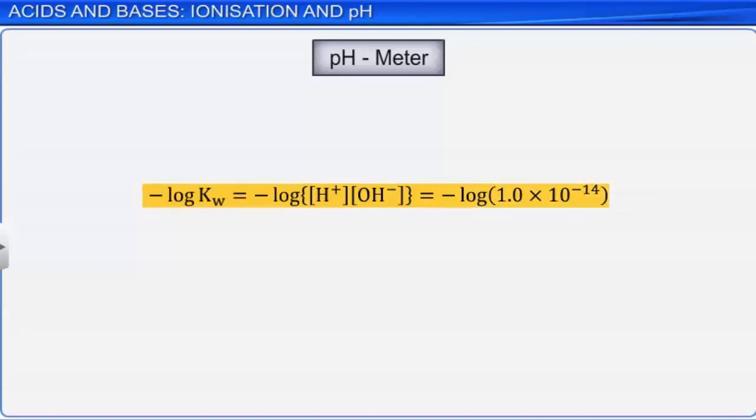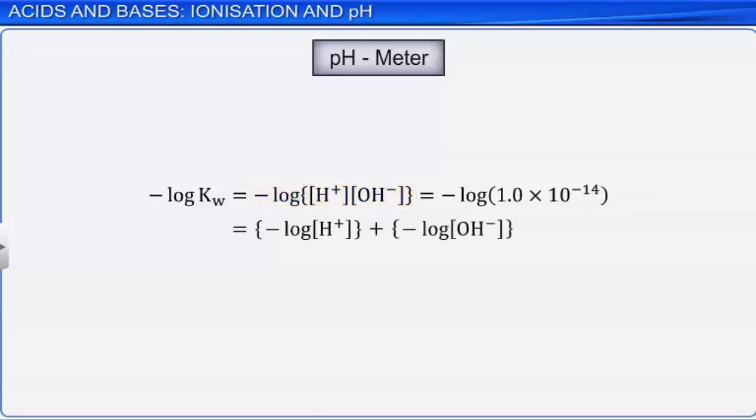Negative log of [H+][OH-] can further be written as negative log of H+ ion concentration and negative log of OH- ion concentration. This is equal to negative log of 10 to the power of -14.